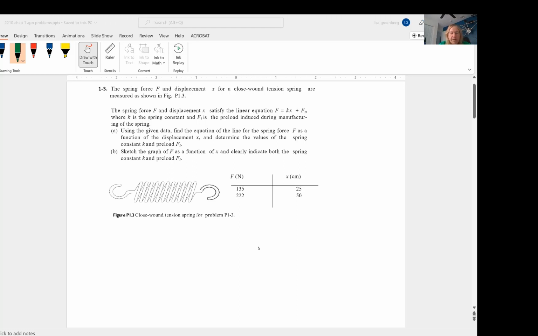Hopefully this helps. The first thing I want to say is, remember, this is a math course. This is not a physics course or an engineering course. Although it is for engineers, it is a math course. So the most important thing that you learn in this course, in my opinion, is the math.